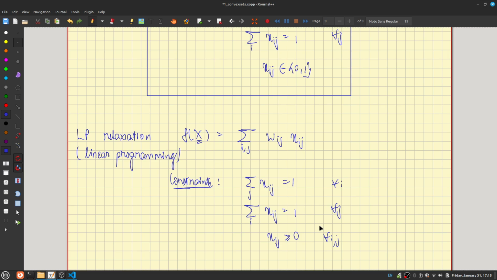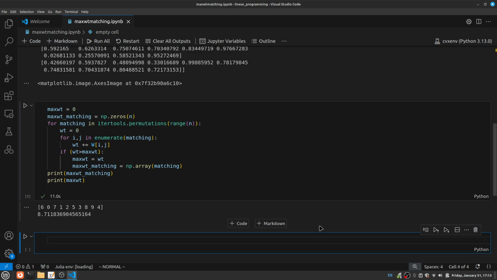In order to be able to use CVXPy, the problem should be a convex optimization problem, and you should be able to represent it in a nice enough form. If you're able to do that, then you can solve it efficiently. And it's very natural. Basically, you define your variables, you define your constraints, you define your optimization problem, and then solve. That's it. Just 4 or 5 lines of code.